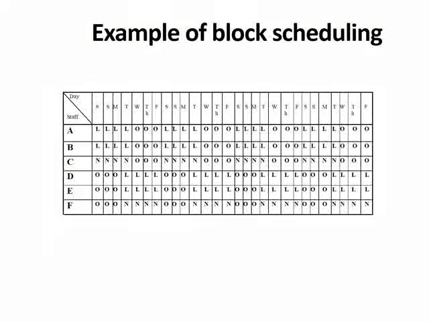Here is an example clarifying block scheduling. Look at staff A schedule. He worked blocked days, consecutive days, and the days off are blocked also together. Blocks of days work or blocks of days off.